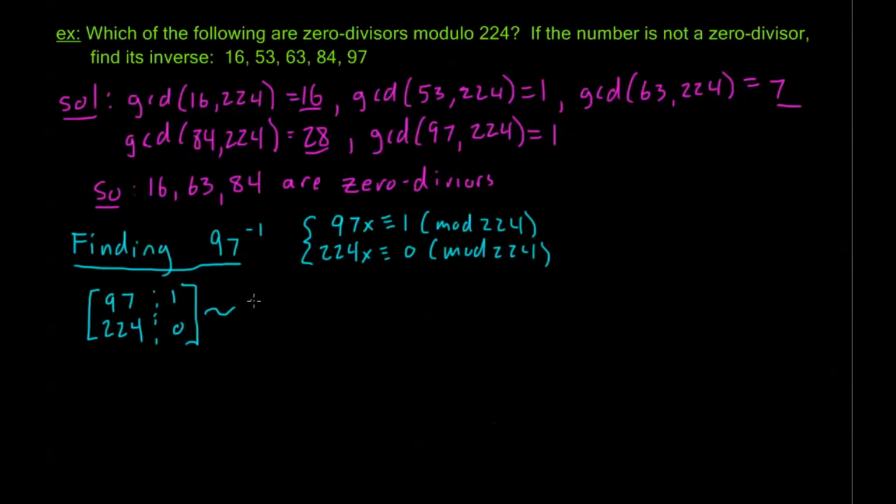But okay, so first thing I'm going to do is I'm going to do this 97. I'm going to multiply this by -2 and add it over here. 97 times -2 is -194. So that's going to give me a 30 on the bottom. I still have 97 and 1 on the top, and I'm going to have a -2.